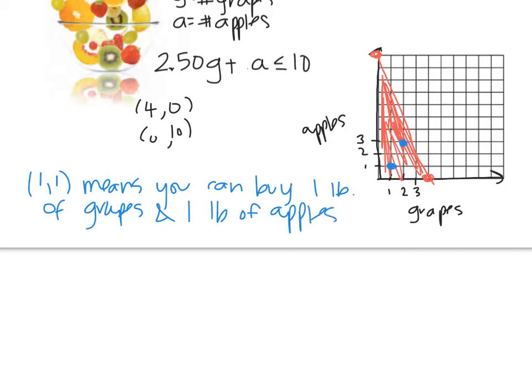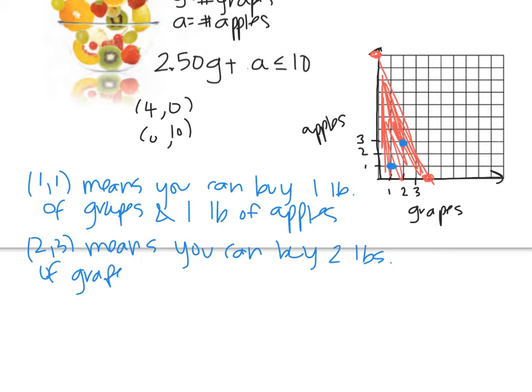And my other point, which is (2, 3), means very similarly, you can buy 2 pounds of grapes and 3 pounds of apples. If you have any questions, write them down and ask me when you come to class.